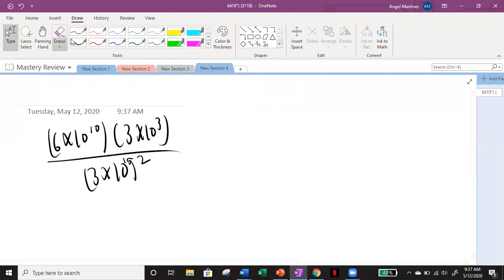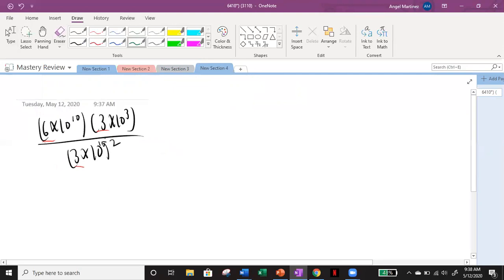So let's do this one again. Whole numbers and then exponents. The first thing you want to actually do is distribute this.